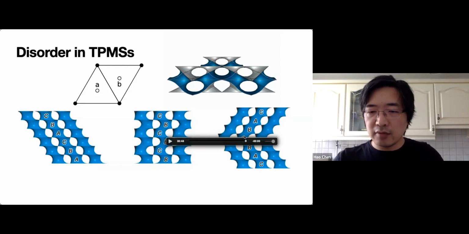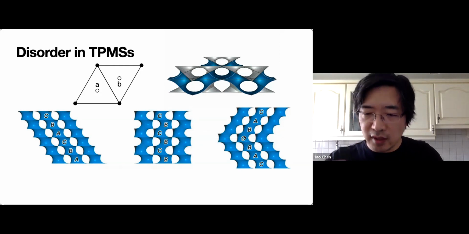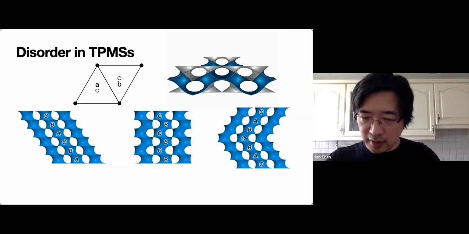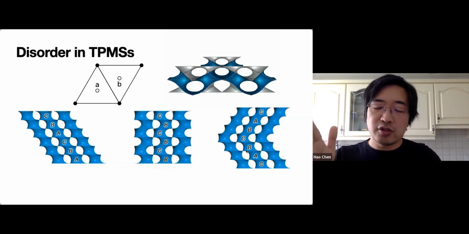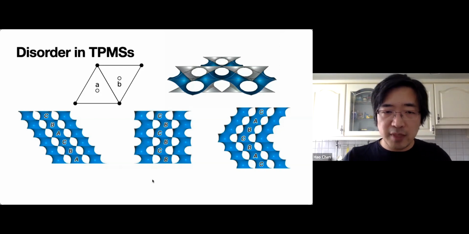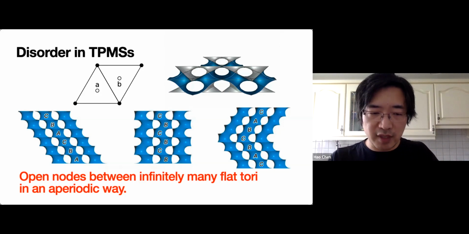But if we now have no vertical periods, we must open infinitely many nodes between infinitely many flat tori, and the stacking pattern is in general not periodic. So yes, we need to open nodes between infinitely many flat tori in a non-periodic way.